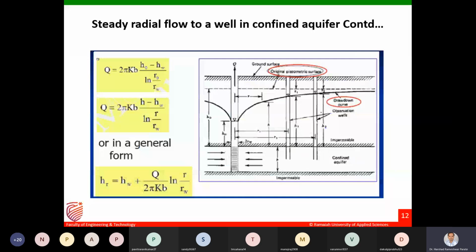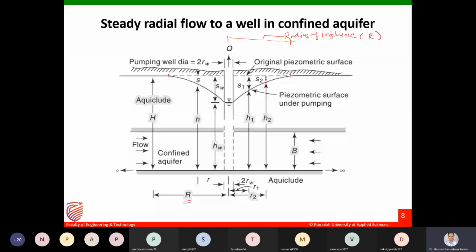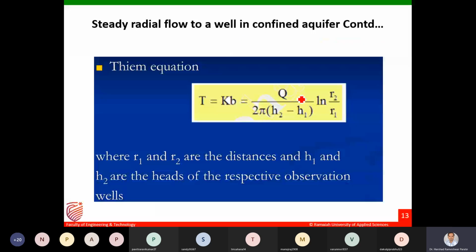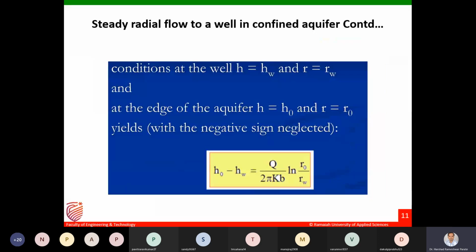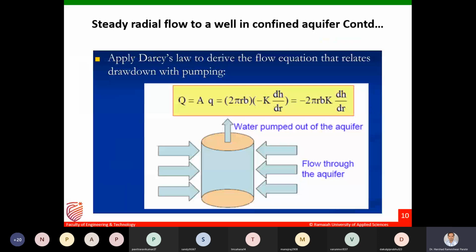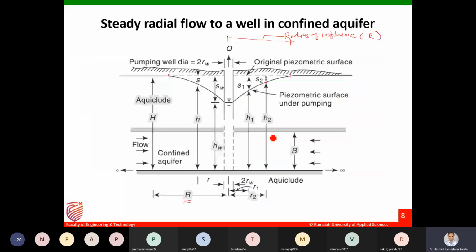If we refer to this figure, this is H2, this is H1, into ln of R2 by R1. R2 is the distance of H2's borewell position from the center of my pumping borewell, and R1 is the distance of H1 from the center of my pumping borewell.